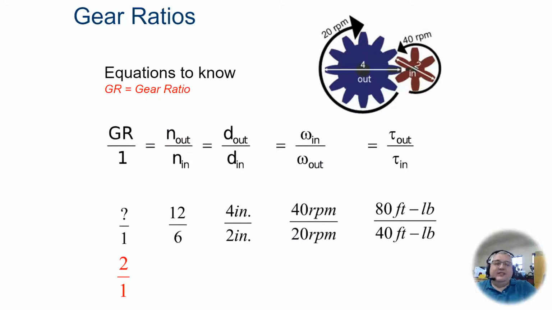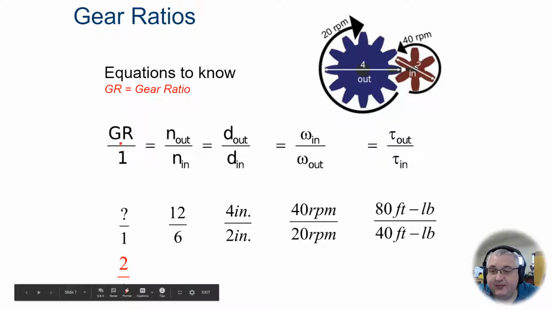So, equations that we need to know, and we need to write this down. GR, if you see me write GR, I'm meaning gear ratio. So we can think of gear ratio, and I put this over 1 because for some people it makes sense.